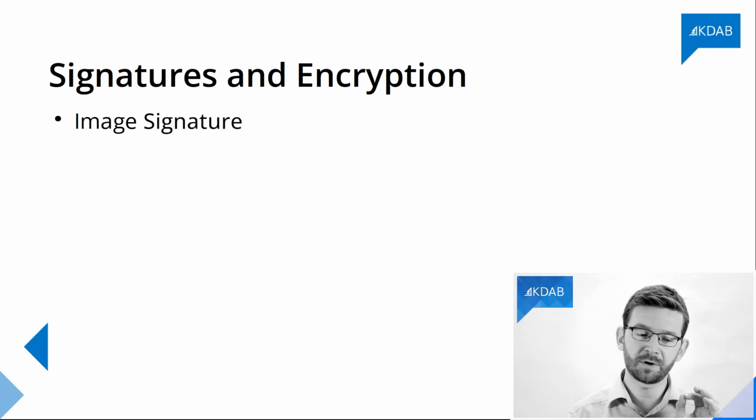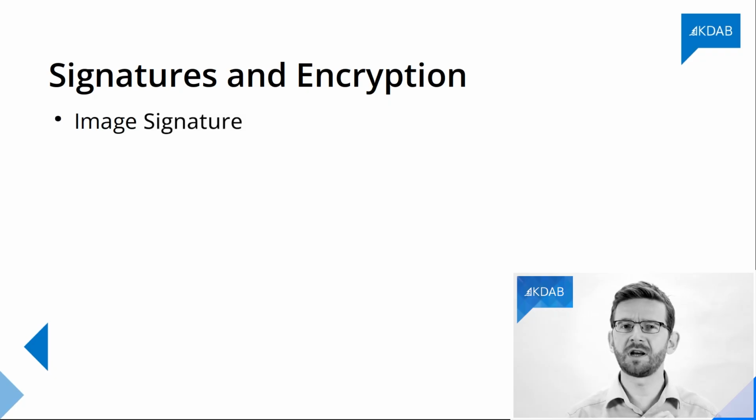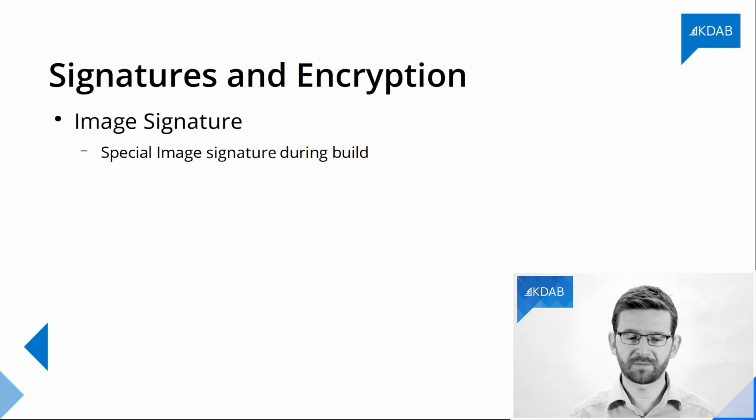So while the last part was on reliability of your images, there's also parts that enable security, which is signatures and encryption of images. Let's start with signatures. An image signature is what I consider most important for images created for over-the-air updates.